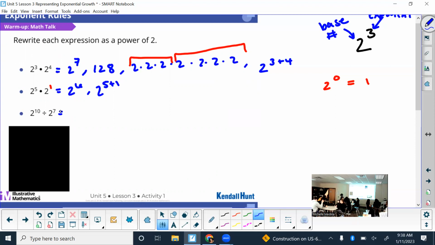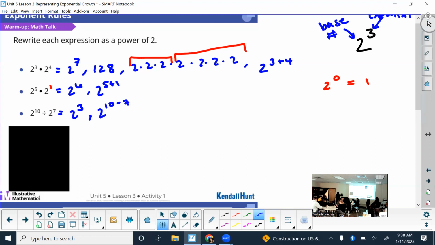All right, Jalen, what did you get? 2 to the 3rd power. Anyone get something different? Anyone write it a different way? Brandon? 2 to the 10 minus 7.